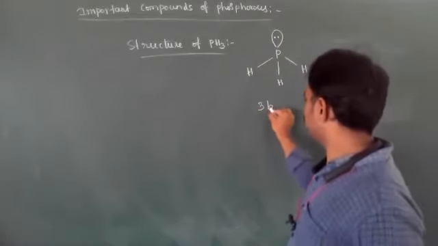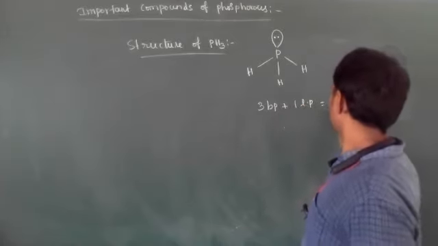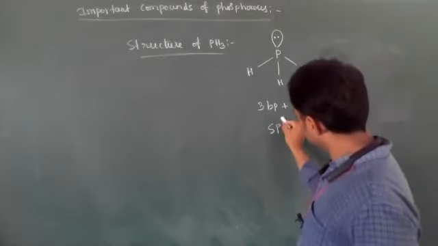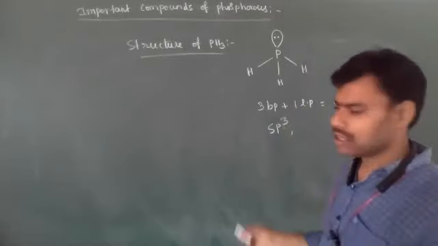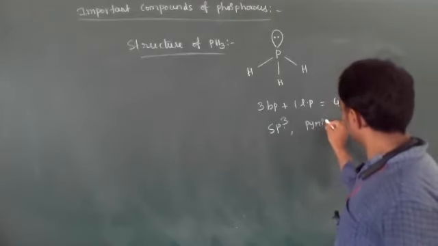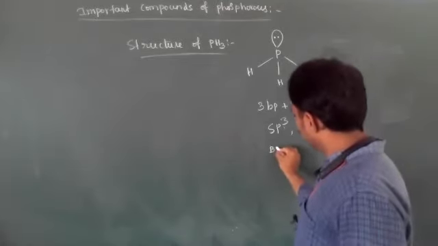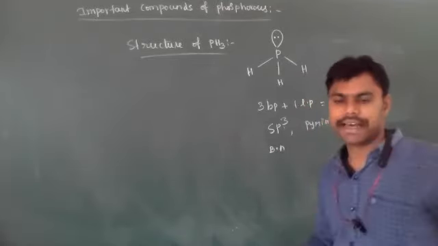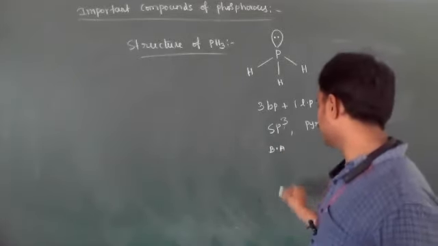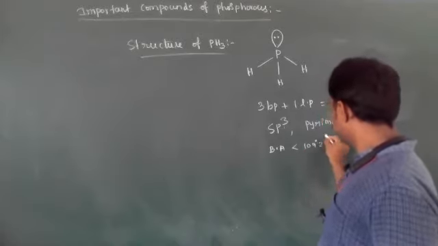So 3 bond pairs plus 1 lone pair, total 4 hybrid orbitals, then its hybridization is sp3, and due to the presence of 1 lone pair, its shape is pyramidal. Bond angle is less than 109 degrees 28 minutes.